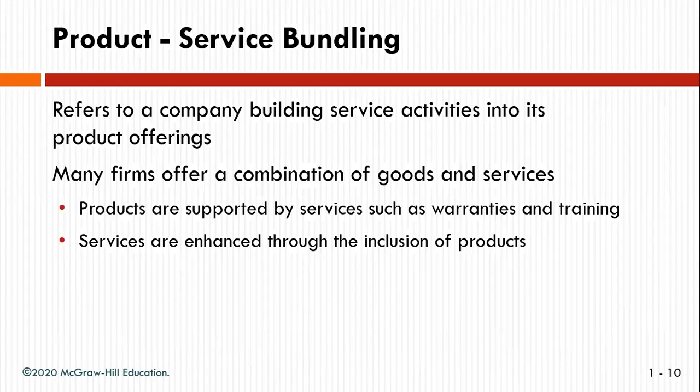So many firms offer a combination of goods and services: products that are supported by service such as warranties, guarantees and training. Services are enhanced through the inclusion of the product. So in order to be competitive, they provide some kind of service behind the product they are selling.